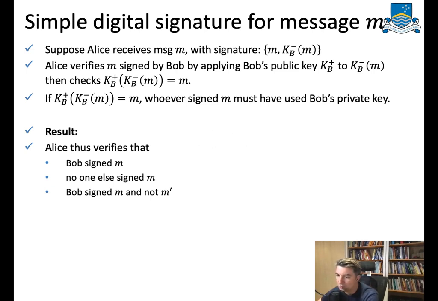Furthermore, Alice can prove that message M was signed and not its modified version M prime. Otherwise, Bob could have modified the document in his favor later on, which would be the M prime in this example.